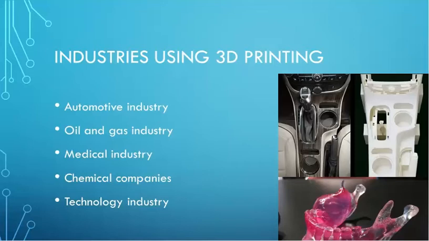So the medical industry has just started using research to experiment with 3D printing and incorporating it into the medical field. That's one example of how they can use it.